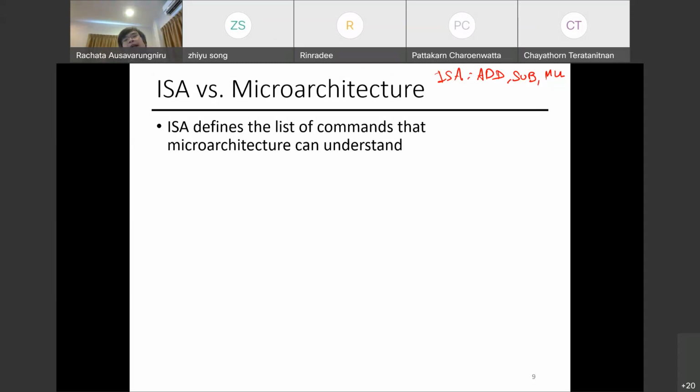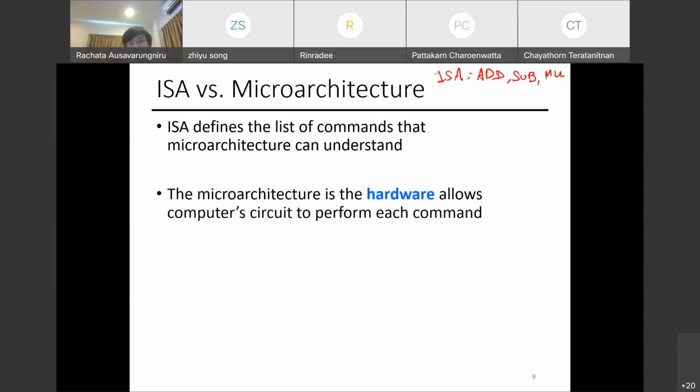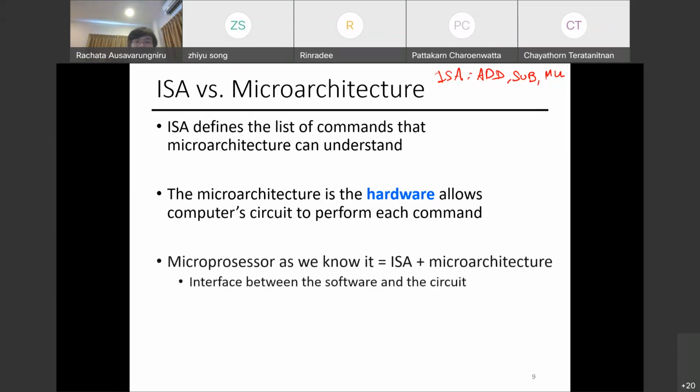So ISA defines the list of commands that the hardware needs to understand. The microarchitecture is the hardware that allows these logic circuits to perform the commands that are listed in the ISA. So your microprocessor, the CPU that you buy, is a combination of ISA and microarchitecture.